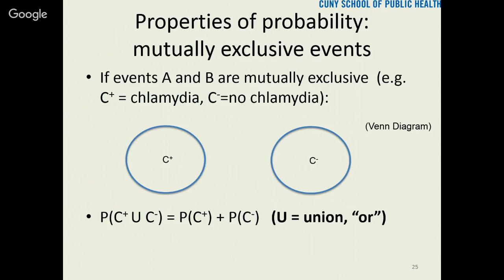It's impossible, there's a 0 probability of having C positive and C negative, if they're mutually exclusive. So the probability is 0. If the two events can occur together, the probability is by definition more than 0, right?